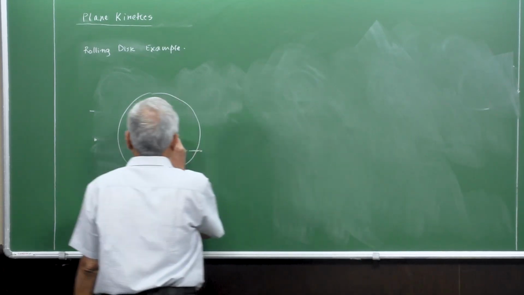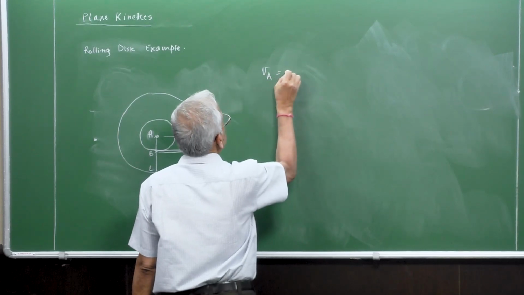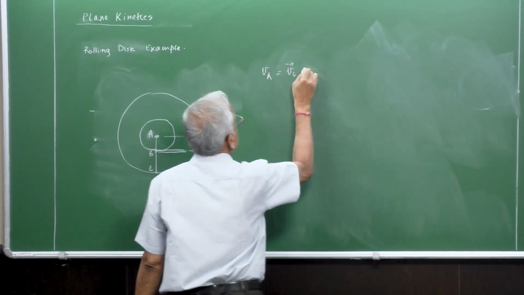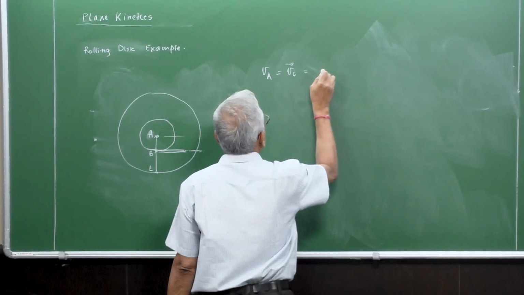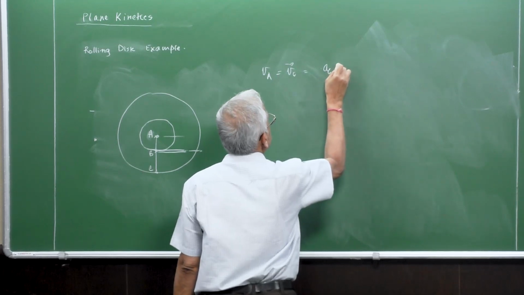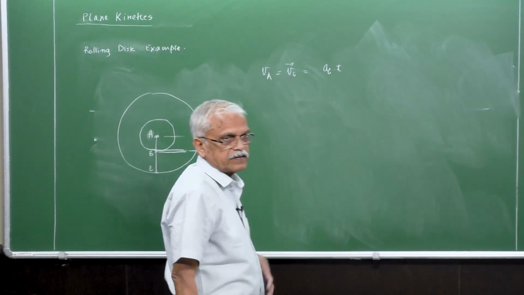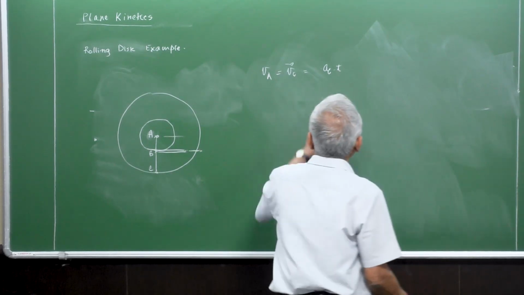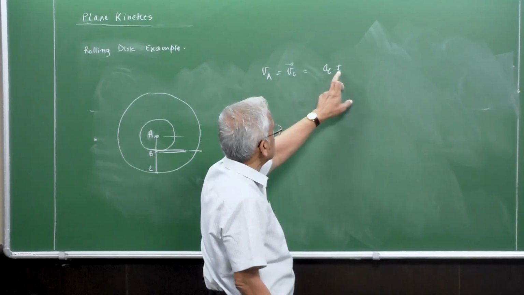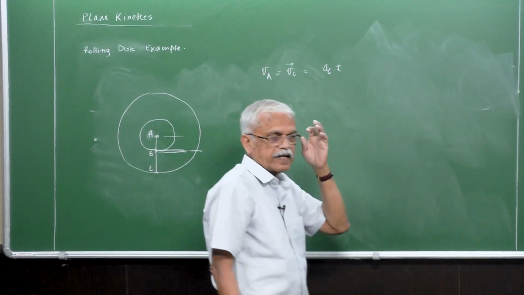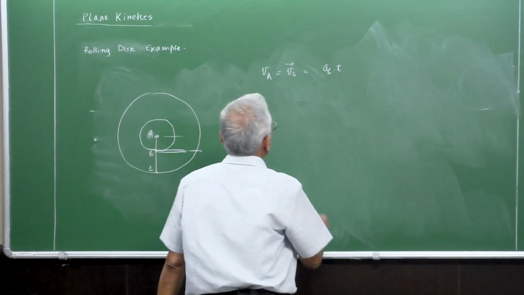So once you know the velocity of A, or velocity of G is nothing but acceleration of G times t, right? So acceleration of G is, say, constant, so this is a uniform acceleration in the initial interval, and then later on it will become again constant, with some other value.